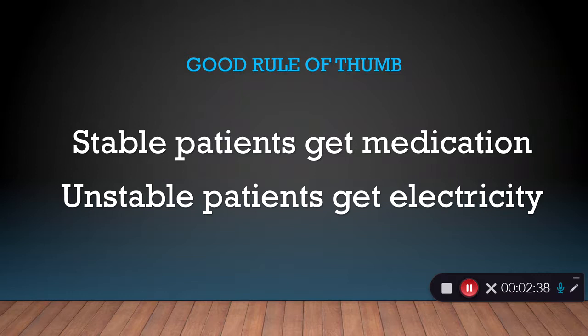If they're unstable, their perfusion's poor, and they're likely going to get worse, I need to fix this sooner than later. It is much easier and quicker to put on the defib pads and apply some electricity to this heart than it is to start an IV, spike your bag, flush your line, drop your medication, get your flush, and especially if you've got a patient that's got not much blood pressure, maybe they've got diabetes and their veins are a little tough to stick for whatever reason, that is going to take longer.